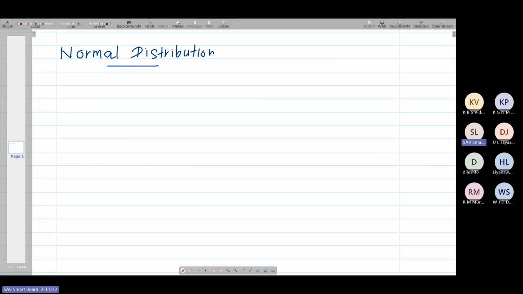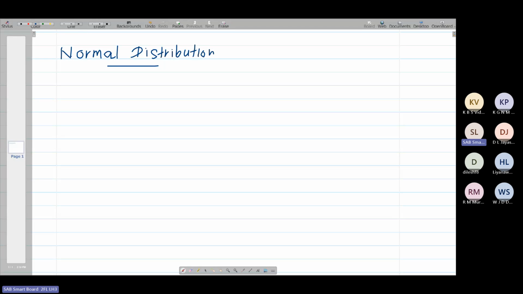First point, it is a continuous probability distribution. Normal distribution is used for continuous random variables. Continuous random variables follow the normal distribution. Most of the time in practical scenarios, we use the normal distribution.